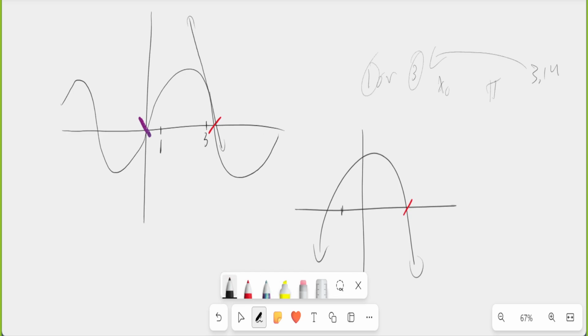If you pick over here, he won't give you any points, but if you pick over here, he will. If your x0 is at this point, obviously that's not going to work. You're going to get towards this 0. If you just memorize the formula, you won't be able to figure that out. So that's that.